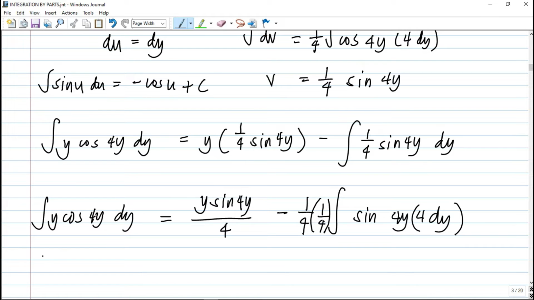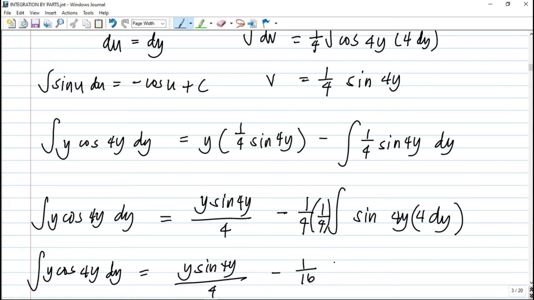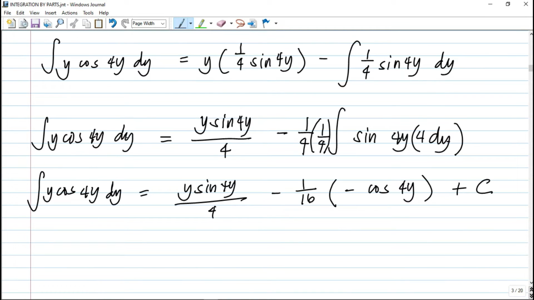So the integral of y cosine 4y dy equals y sine 4y over 4 minus 1/16 times the integral, which is negative cosine of our inside function 4y, plus c. That is our answer for problem number 2.